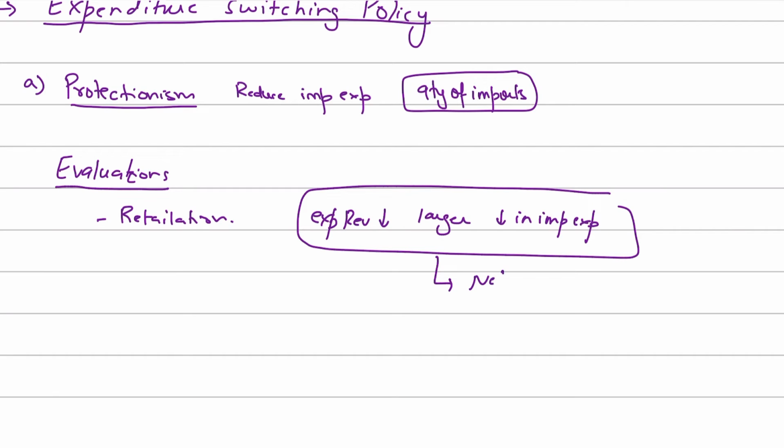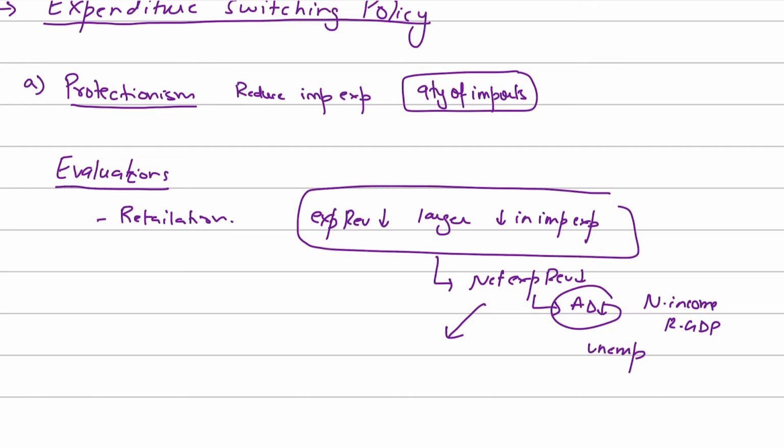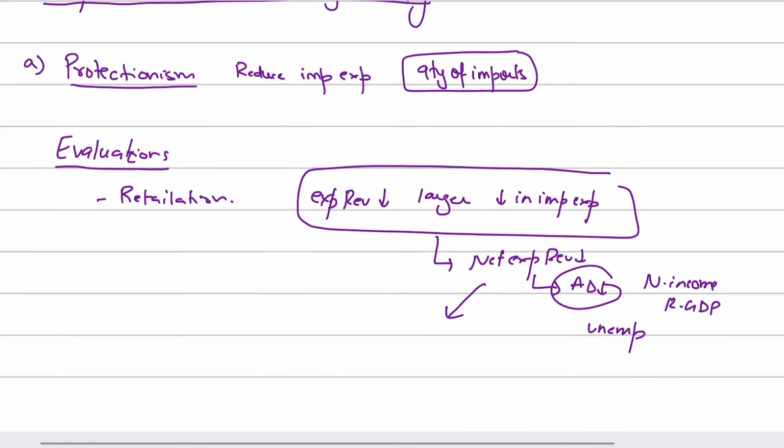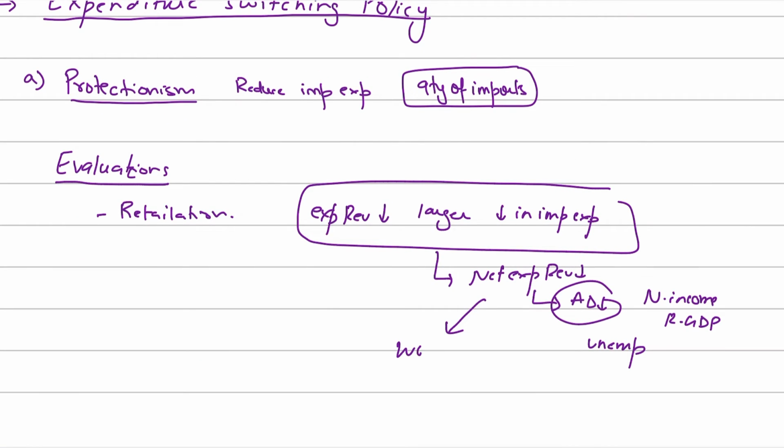Our net export revenues would fall, and when this happens, our AD would decline. Instead of improving the real GDP, our national income or real GDP would actually fall, and it would also create unemployment, and the whole policy would be a failure. That's a situation of government failure, and it would result in the worsening of the deficit. Instead of being in our favor, it resulted in the worsening of a deficit, right? So this is how you need to evaluate.